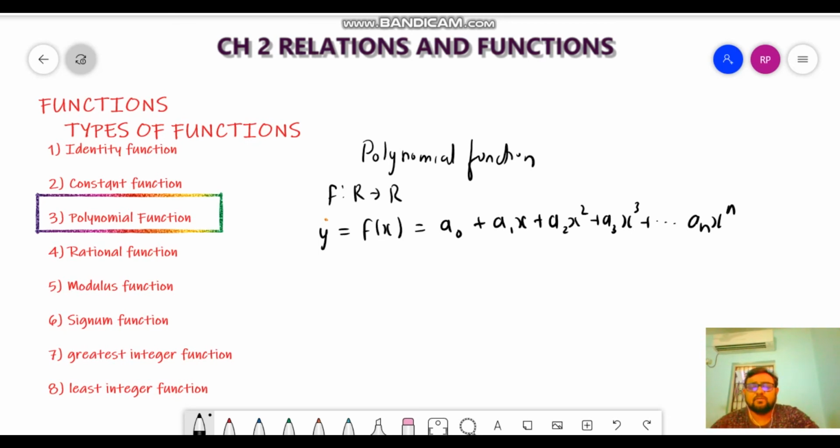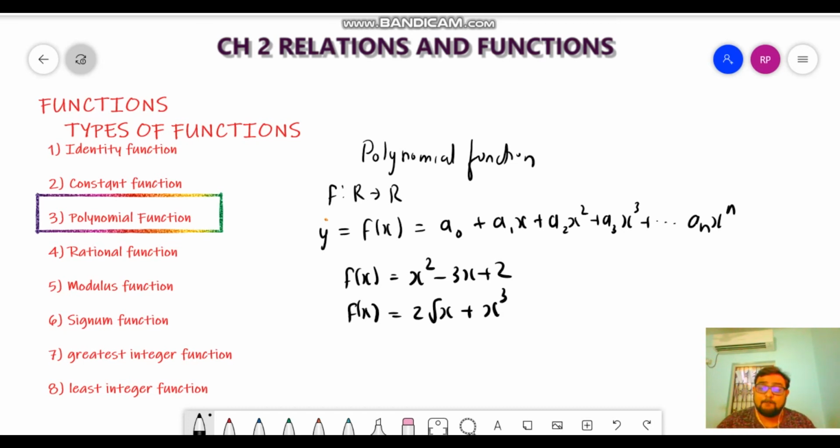Okay, clear? If I take an example, f(x) will be equal to x square minus 3x plus 2, f(x) equal to 2 root x plus x raised to 3, and so on. These are examples of polynomial function.